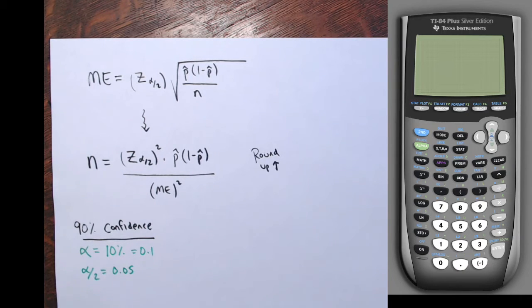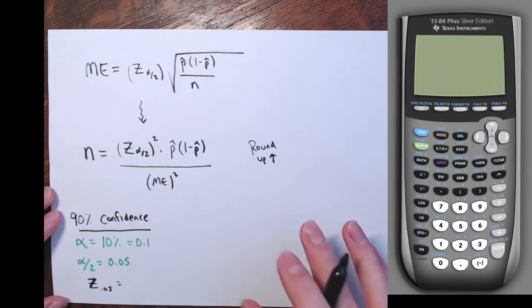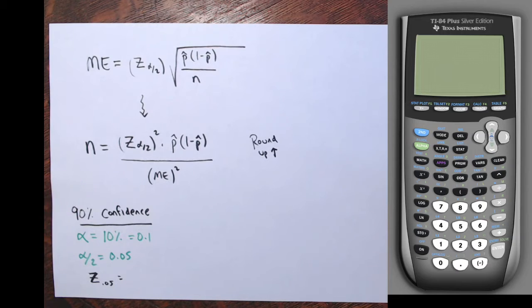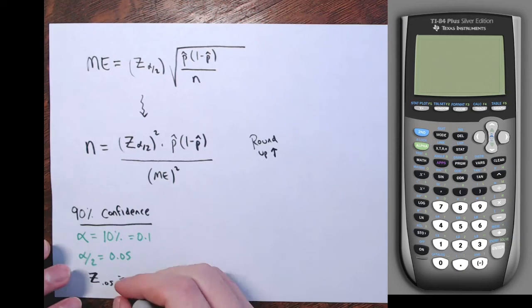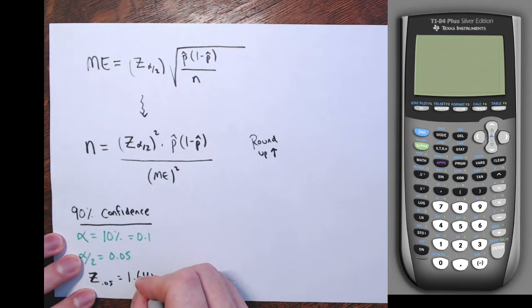So we're trying to find the z-score that has 5% above it. What z-score in the standard normal distribution has 5% above it? That's given to us in this little chart they gave us. See, z.05 is 1.645 standard deviations. So this is 1.645. I've got that.